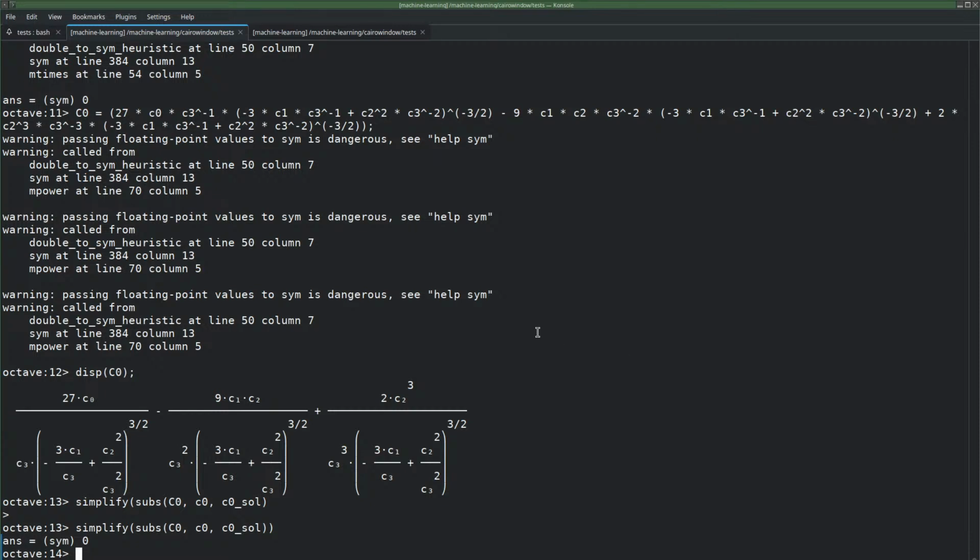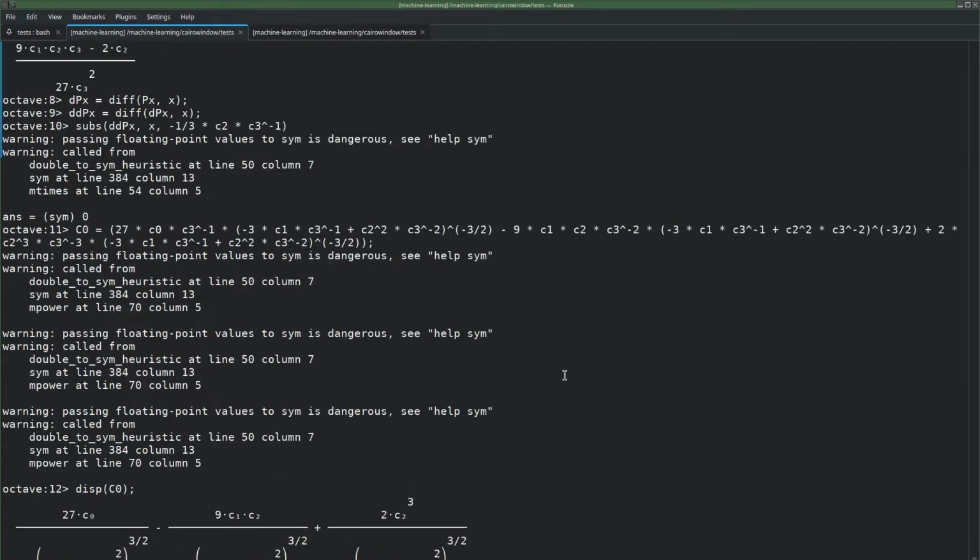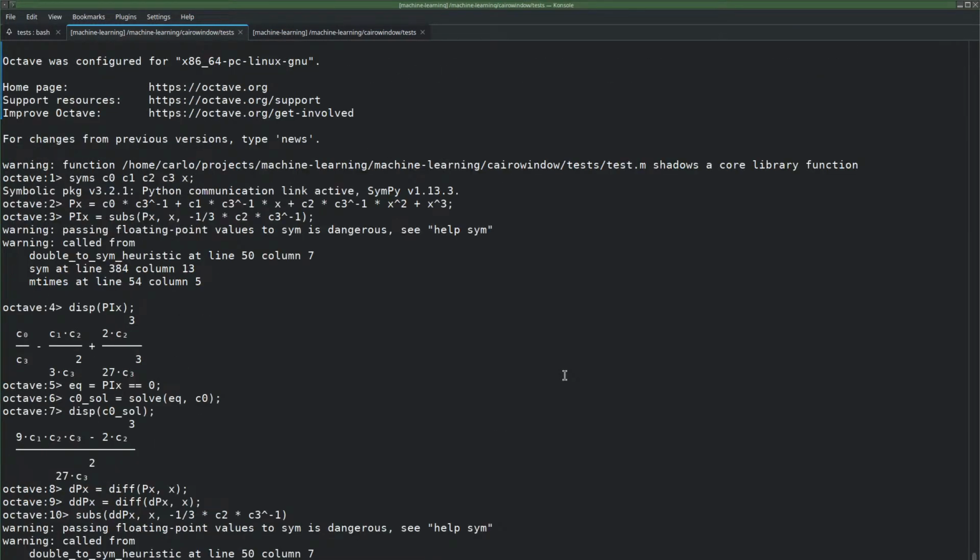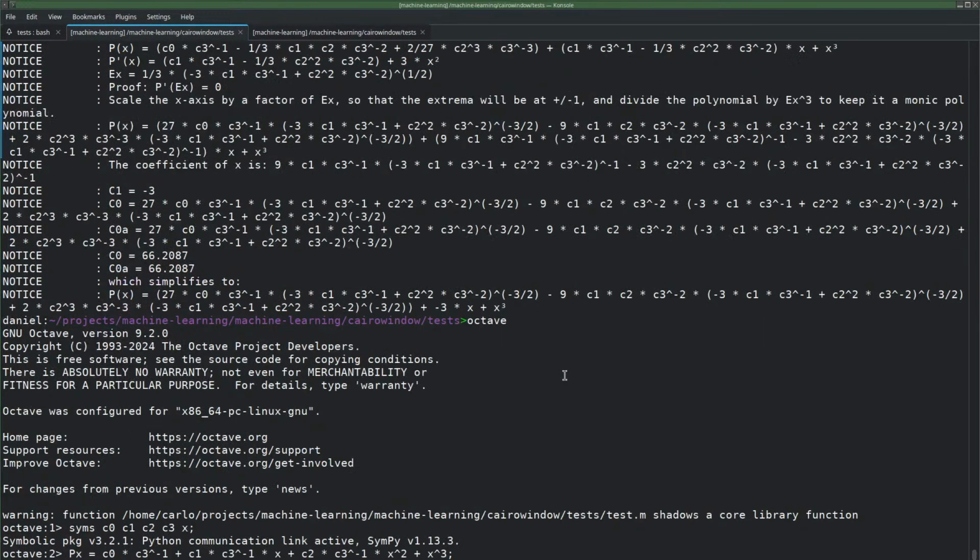Okay. Ta-da! That's pretty cool. Well, then I guess we did something that verifies it. I mean, it seems to be correct. It's just a very big formula.